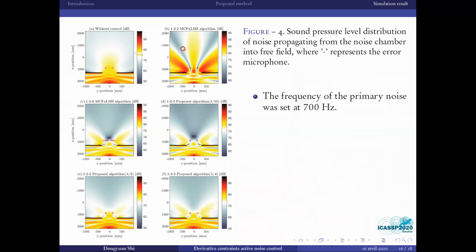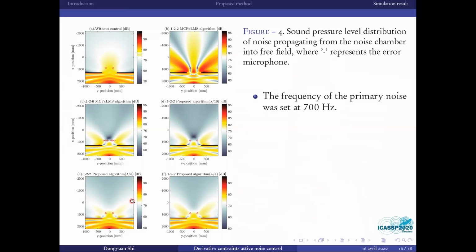From figure B, we can see the multi-channel FXLMS algorithm with 2 error microphones can gain just a very small noise control area. However, when we increase the number of error microphones to 6, the multi-channel FXLMS can gain a better global noise reduction performance. For the proposed algorithm, it can use just 2 error microphones to achieve similar noise reduction as the multi-channel FXLMS algorithm.